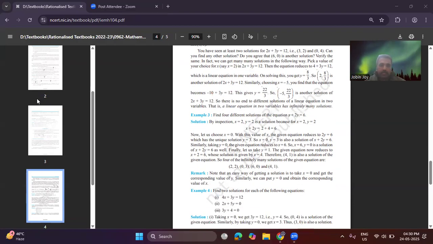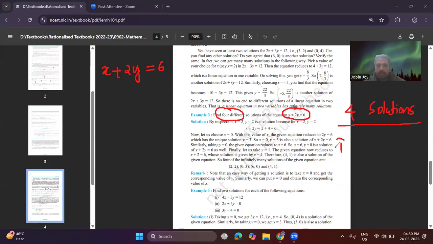Okay, we will try one example. Find four different solutions of the equation x plus 2y equal to 6. This is our linear equation in two variables. Find four solutions.